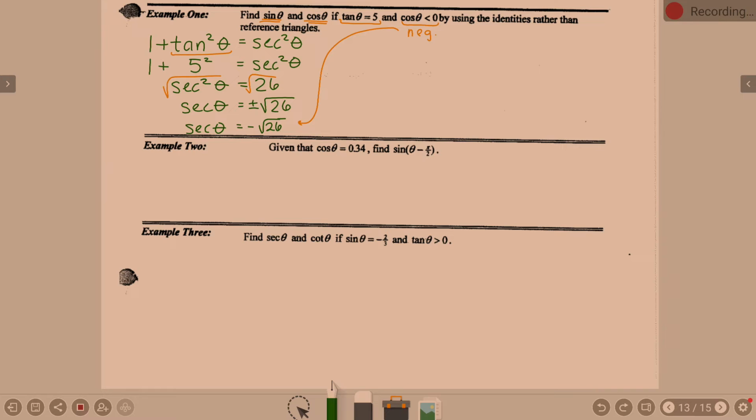The reciprocal identity says that cosine theta is equal to 1 over secant theta. So if I fill that in, cosine theta is equal to 1 over negative square root of 26. Can you just leave it like that? You can leave it like that. We don't do a lot of rationalizing with what we're doing right now. So enjoy it.